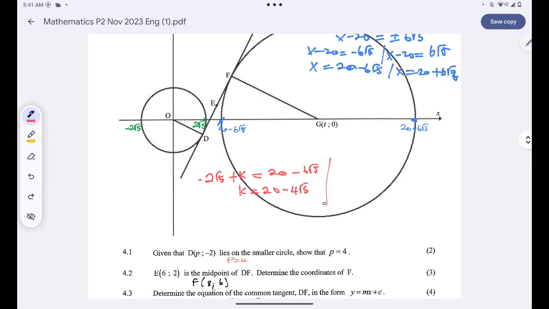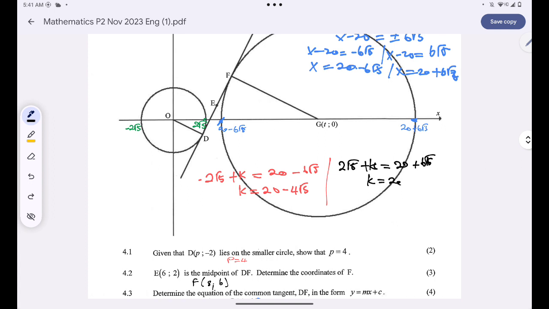Are you together? Let me use black color. I want to make this one be that. How can I do that? I must add something to 2 root 5 for it to be equal to 20 plus 6 root 5. Are we together?